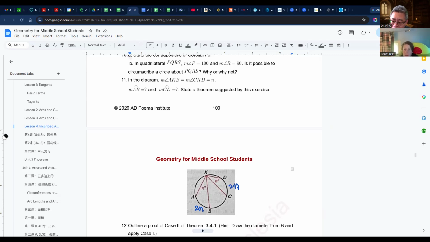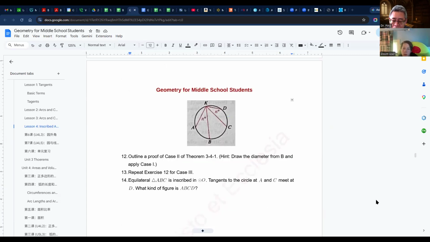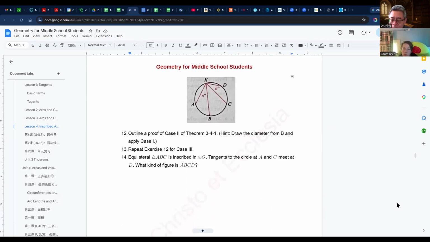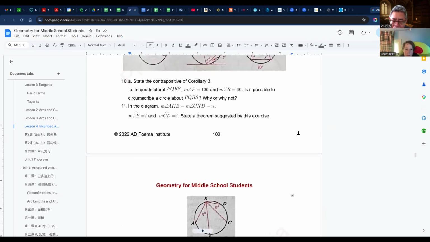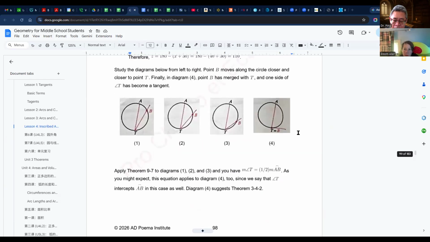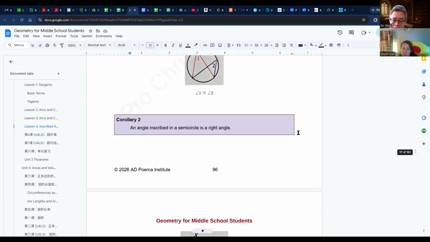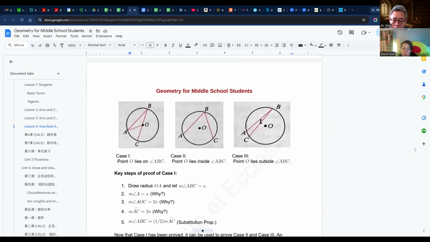Okay. Number 12. Outline the proof of case 2 of theorem 3-4-1. It gives us a hint: draw the diagram from B and apply case 1. So look at case 2. How do we prove that? Here's case 2, right in the middle.